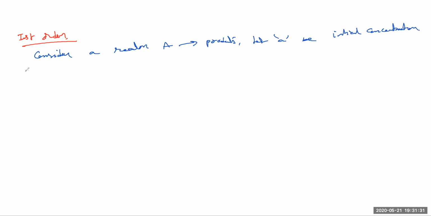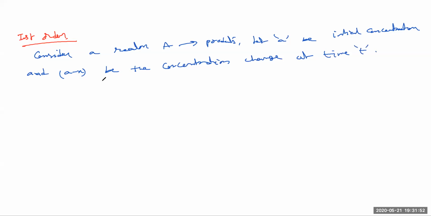Now consider a reaction: A gives rise to product, and let small a be the initial concentration, and a minus x the concentration at time t.